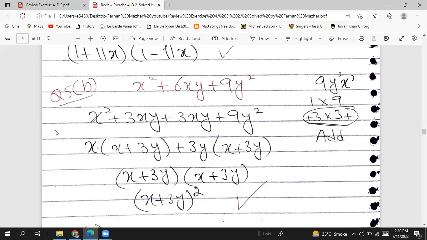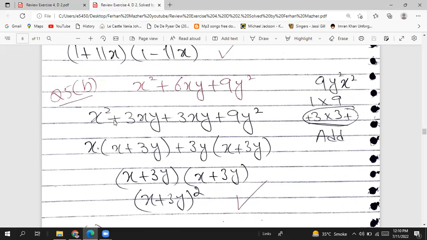With the third term, you have a positive sign, so I will write here add. I will choose that pair which by addition will give me 6. So 3 and 3. Because you want positive 6, I will write here a positive sign. So you will have x squared plus 3xy plus 3xy plus 9y squared. From the first two terms, you can see x is common.